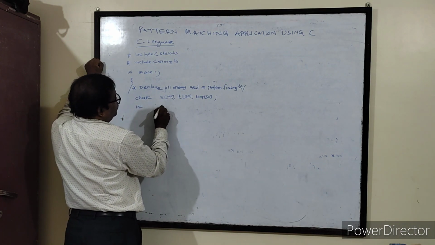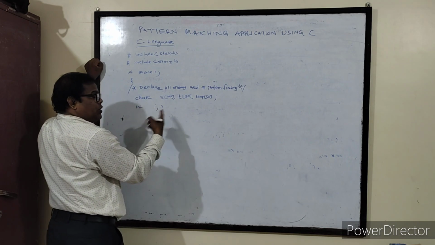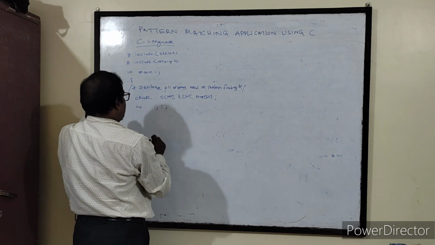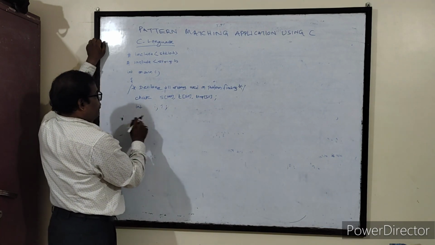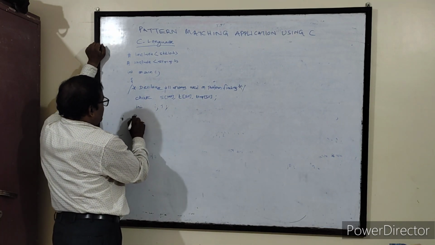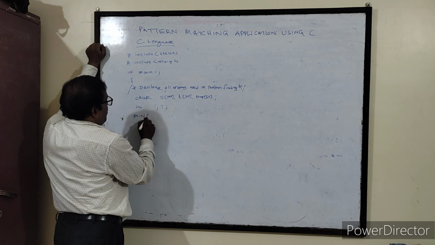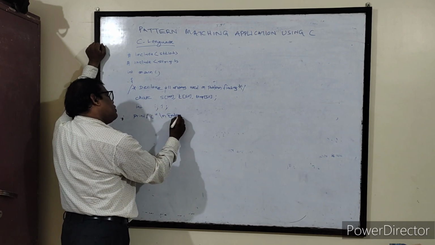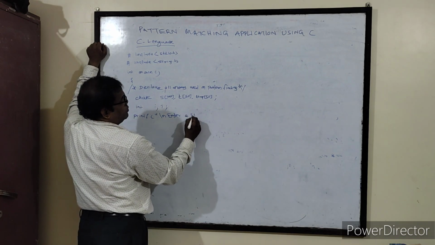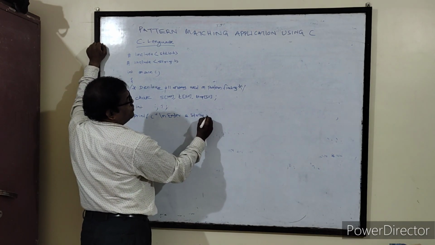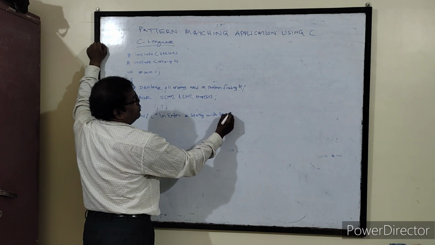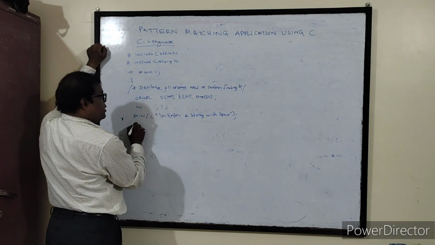Next, the variables I am going to use: integer i, j, because the i loop and j loop are essential. Very next is printf, and quickly you can write: enter a string with space, and a semicolon.